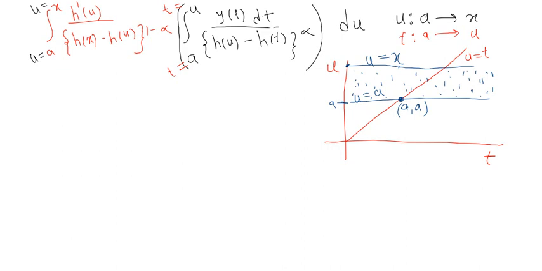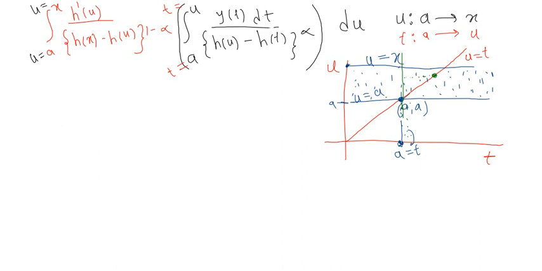So for t, where will a be? a will be here, so this line is t equal to a. Then t will vary from a to u, so it will start varying from here till u, that means this line.